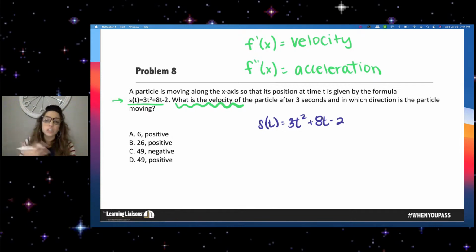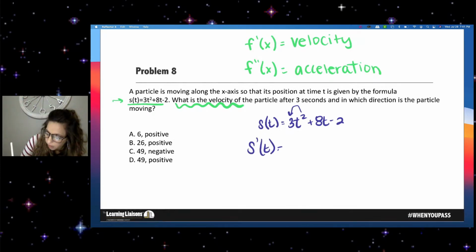You're just going to use the power rule to find the derivative of this. So the way we do that is we drop the exponent, subtract 1 from it, and multiply by whatever our coefficient is. So we drop the 2 down next to the 3. So 2 times 3 is 6. And then we subtract 1. 2 minus 1 is 1.